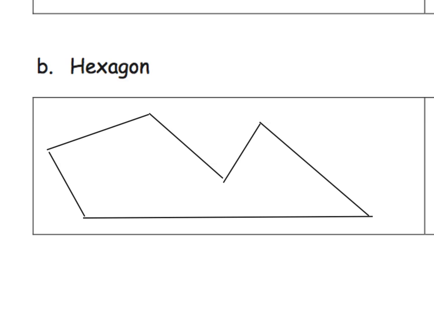Let's see, can I change my border width? There we go. Okay, so let's do another hexagon right here. Remember, it's 6 sides. So it's got to be a 6-sided figure. Let's see. 1, oops, I don't want to do that. I want to do this one.